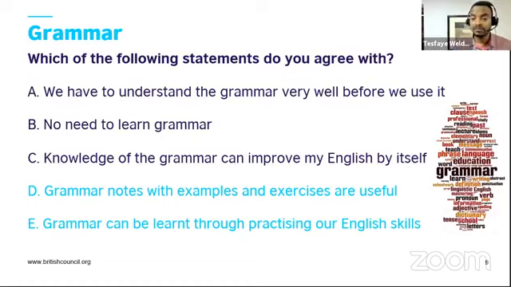We have to understand the grammar very well before we use it. Not really. Understanding can also happen while we use it. So if we have some understanding, we should just try and use it and see how others use it, and as we use it, we can also try to learn more about that grammar item. So if it's the use of helping verb or some particular tense, then you can always search and learn or ask our teachers for help.